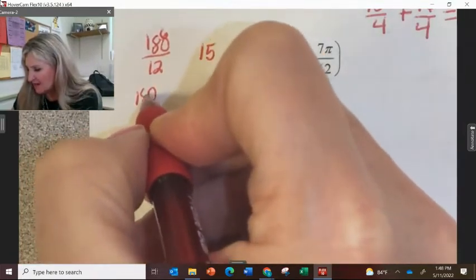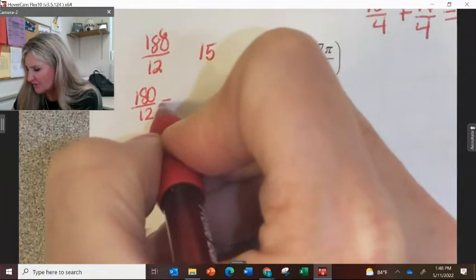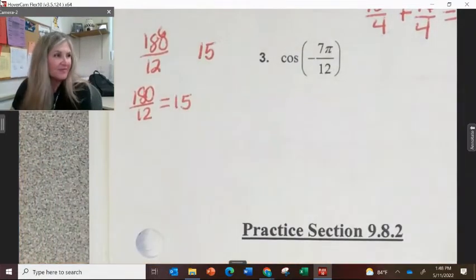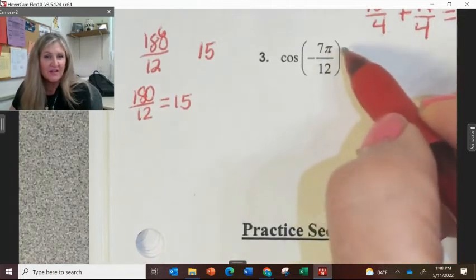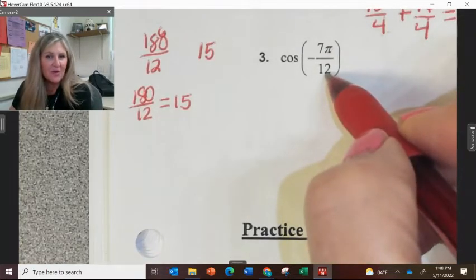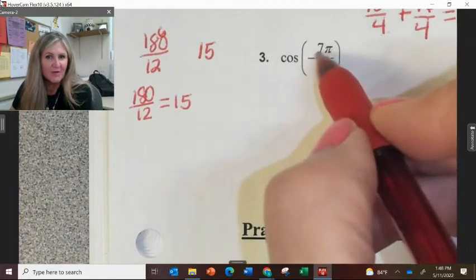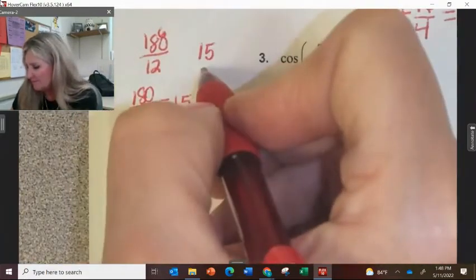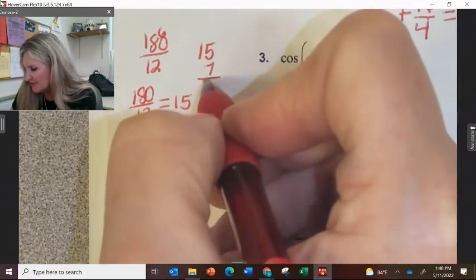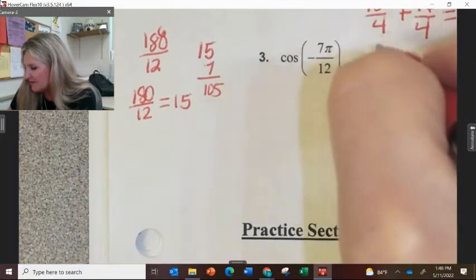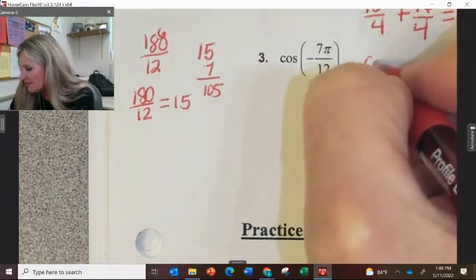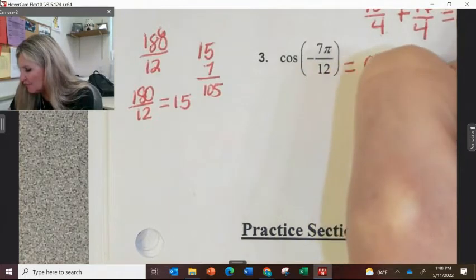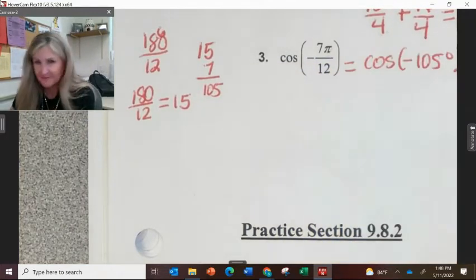It's going to happen all the time. 180 divided by 12 is 15. If you can remember that, it's going to make things go a lot faster. 180 divided by 12 is 15. Now what do I need to multiply 15 by? 7. And so that's going to give me 105. So my problem is really the cosine of negative 105 degrees.